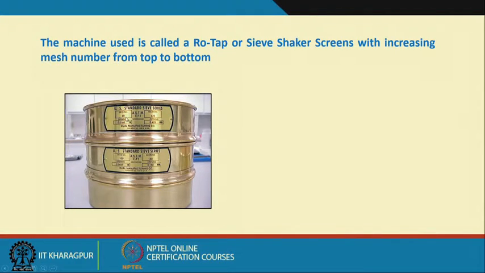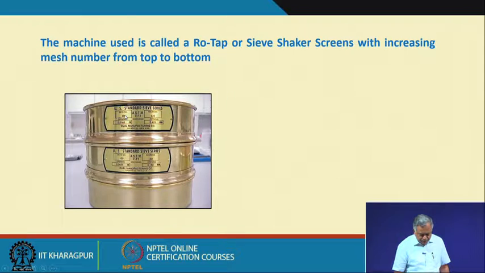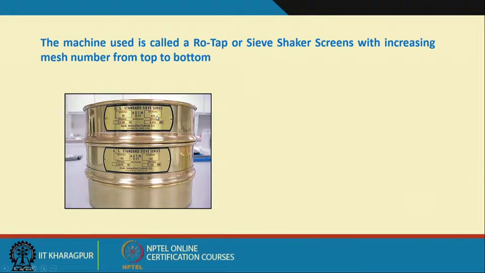And if you look more closely, you will see that there are some numbers given. It is saying the sieve number, and then there is a micron value, and it may be in the millimeter range also. So, it is saying 425 micrometers.